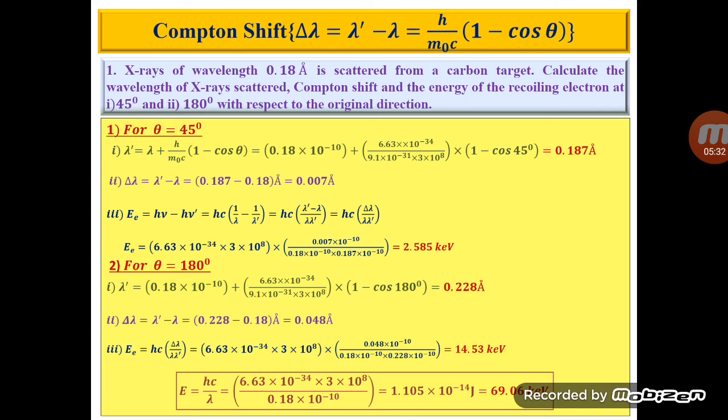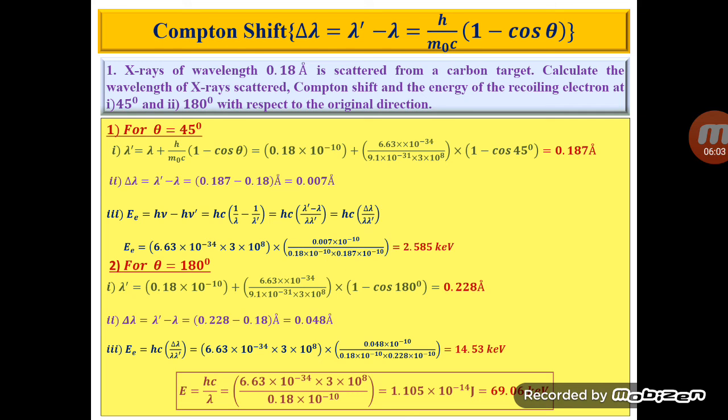If you substitute those values along with the other constants, you will get the value of lambda prime as 0.187 angstrom. Then for the same scattering angle, if you calculate delta lambda, we'll get 0.007 angstrom as the shift. And if you calculate the energy of the recoiling electron for theta is equal to 45 degree, it is found to be 2.585 keV.